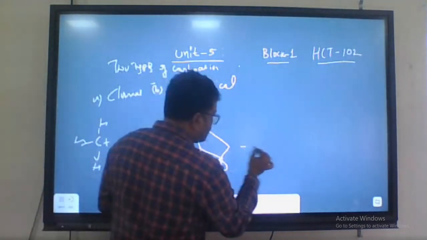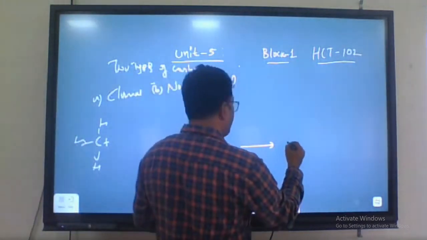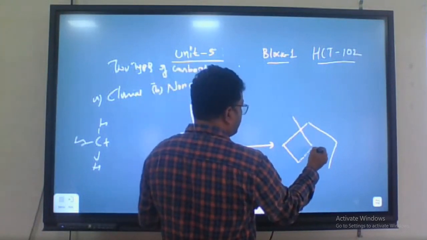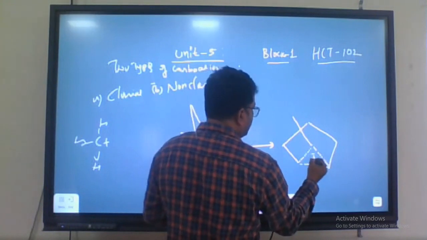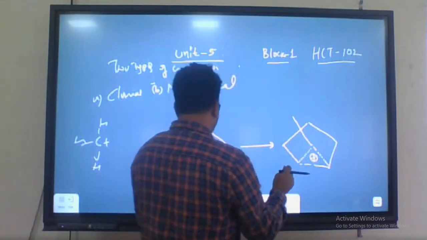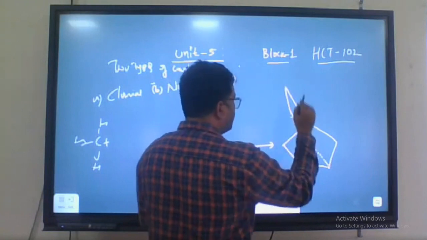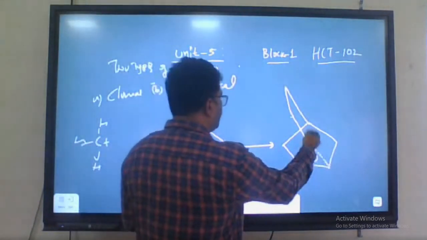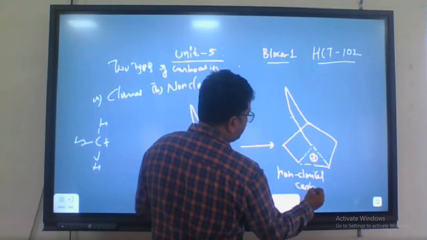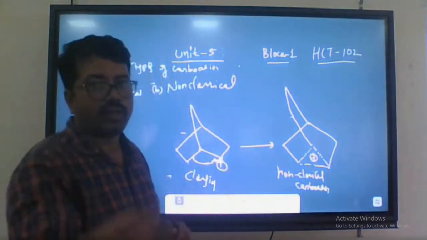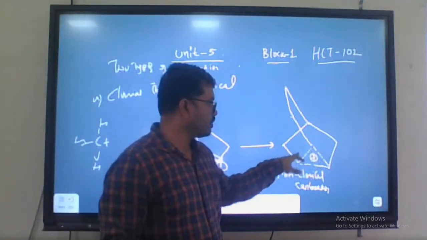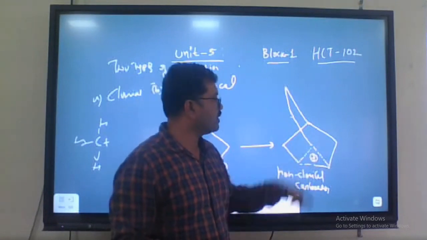If the bonds are like this, the positive charge is shared across 3 carbons, when the bond shifts towards the carbon side. This tri-coordinated carbocation is called non-classical carbocation.